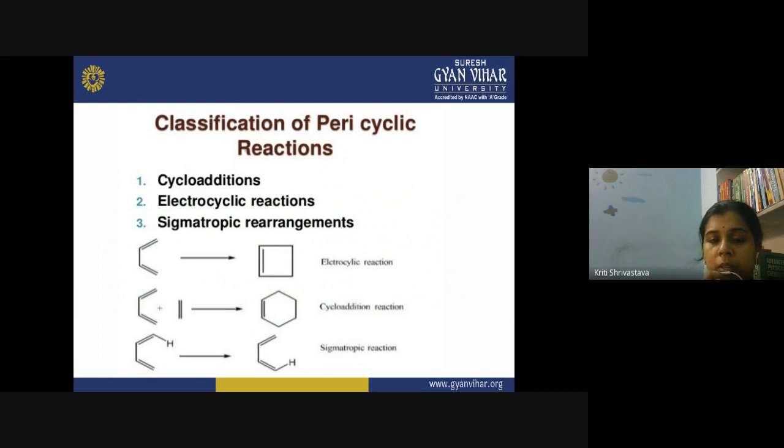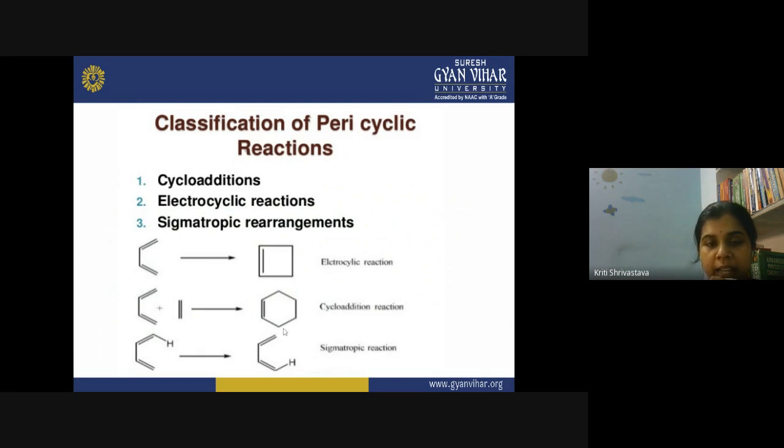So in both conditions, one molecule cyclizes and forms a cyclic product, and that is why we call it an electrocyclic reaction. Here, at the expense of 2 pi electrons, now we have only 1 pi electron and 1 sigma electron. Here, at the expense of 3 pi bonds, I have 1 pi bond and 2 sigma bonds.